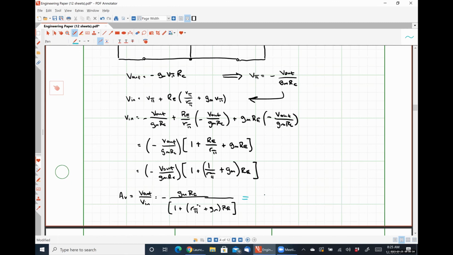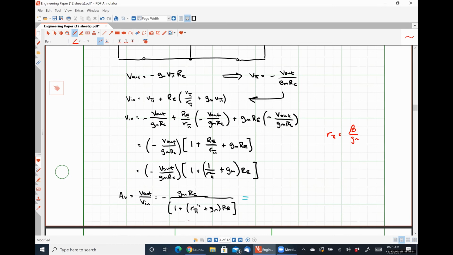So since R pi is beta over GM, 1 over R pi is GM over beta, right? So let me write this down. R pi is beta over GM. So if I have the inverse of that, I simply have GM over beta.